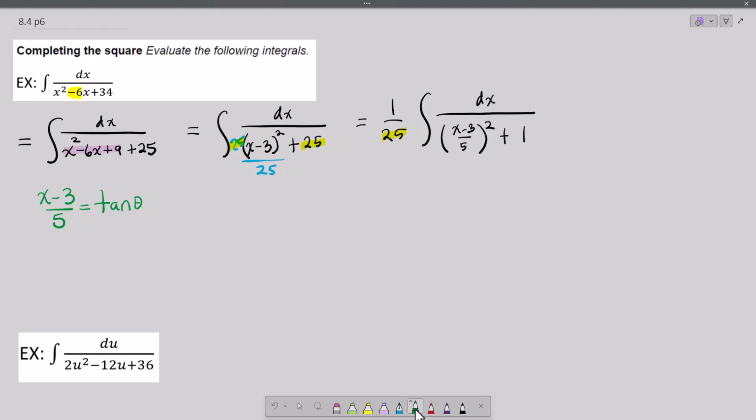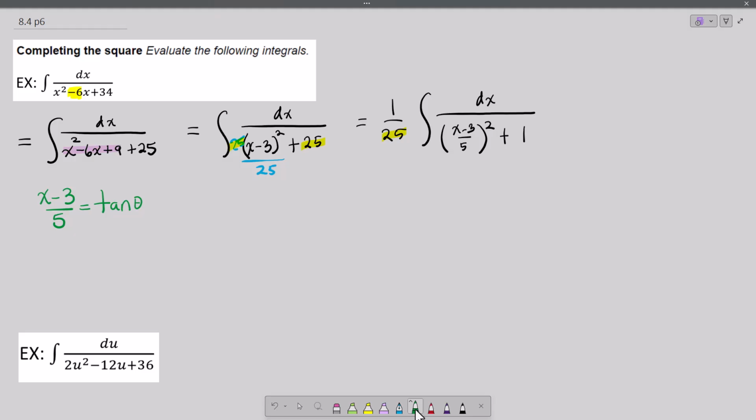Now we have to differentiate both sides of that. The derivative of the left side with respect to x is 1/5. Do we agree?